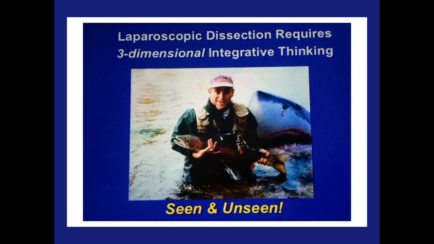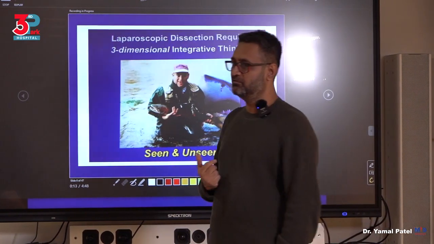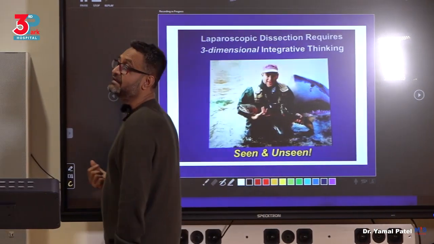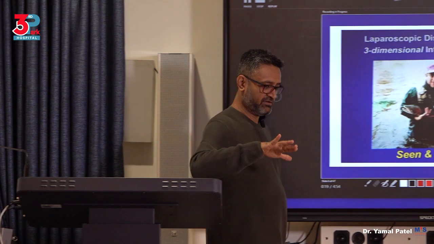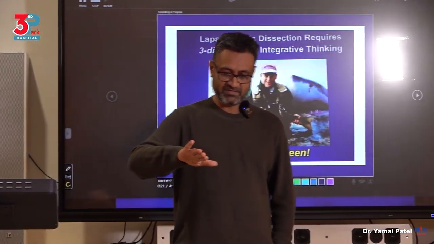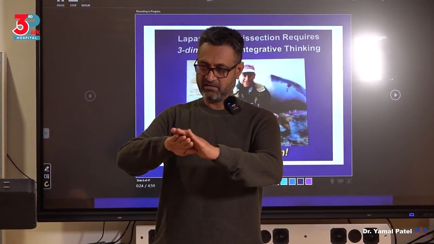When you're dissecting in laparoscopy or in any surgery, you have to understand that there is what is seen in front of you and then what is hidden behind. If you're not careful, you are risking injury as you're proceeding. So what I mean is you're touching the lateral wall, but remember the lateral wall is covered by peritoneum.